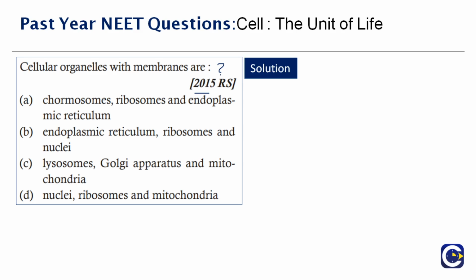Cellular organelles with membranes. We already saw in the earlier parts there are organelles with single membrane, with double membrane, or no membrane, right? So any example for the single membrane?